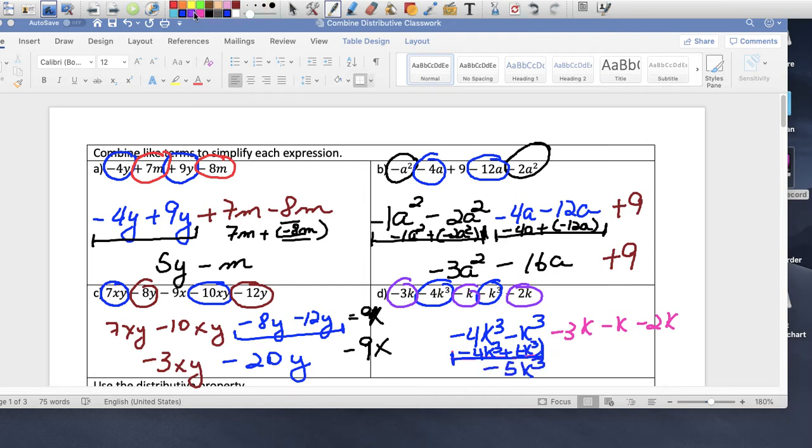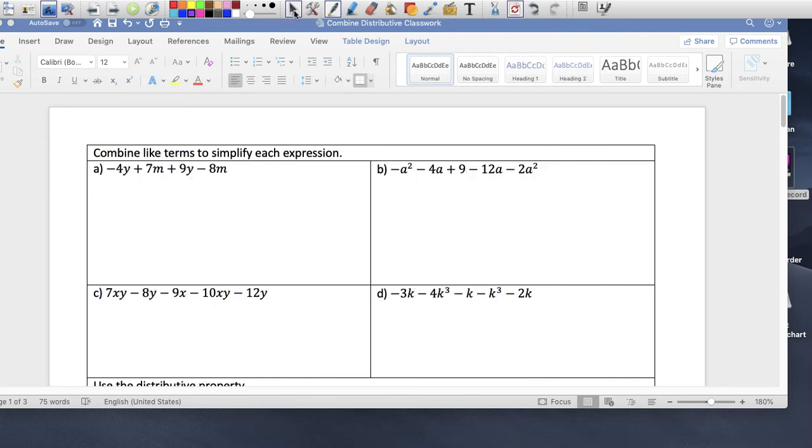In purple, we're going to combine all these here. I'm going to put a 1 over here, okay? So negative 3k and negative 1k is negative 4k, right? And negative 4k and negative 2k is negative 6k. So the total is negative 6k. And you have a calculator, so it's going to make life a little bit easier for you.